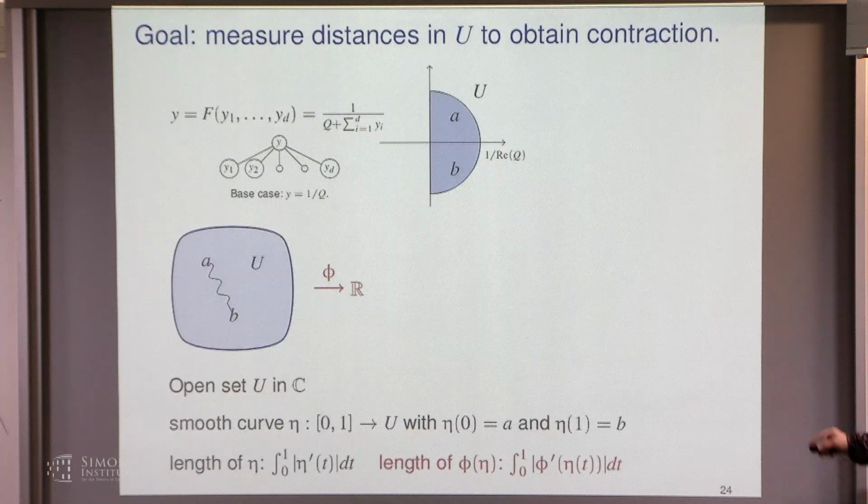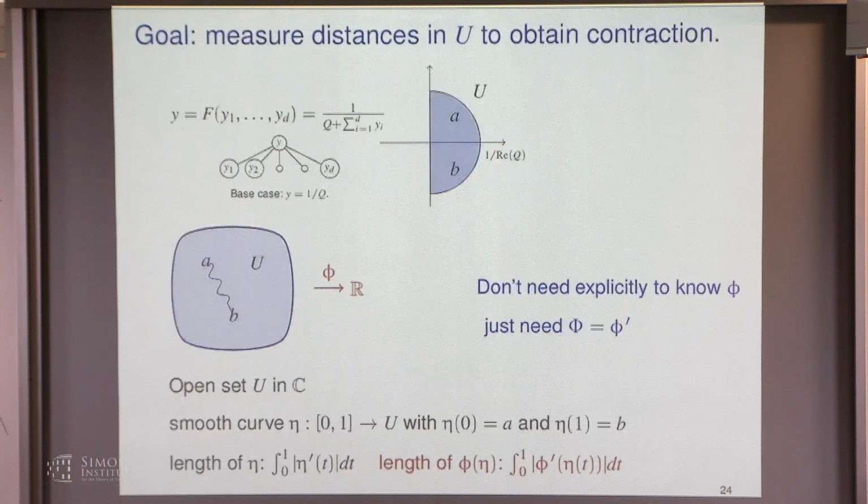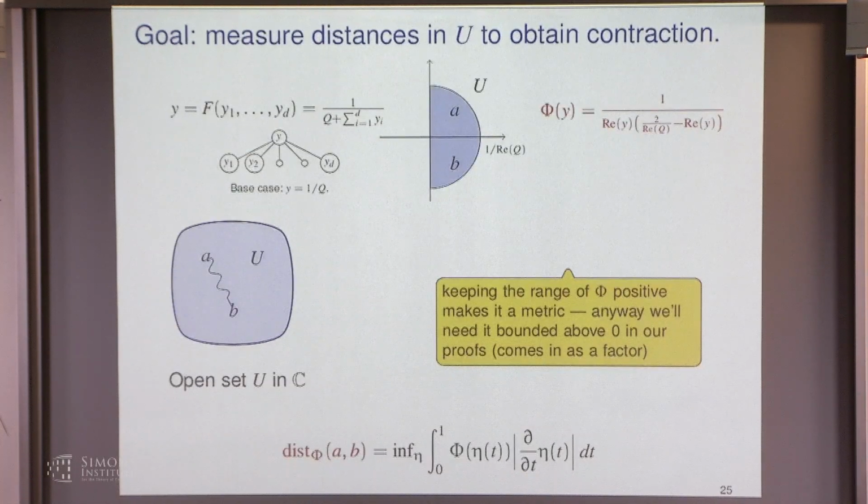If you apply a function phi mapping U to the reals, you get the length with respect to phi by integrating, and that depends on the derivative of phi. Then we define the distance, with respect to some potential function which we choose, to be the infimum over all etas of the length.